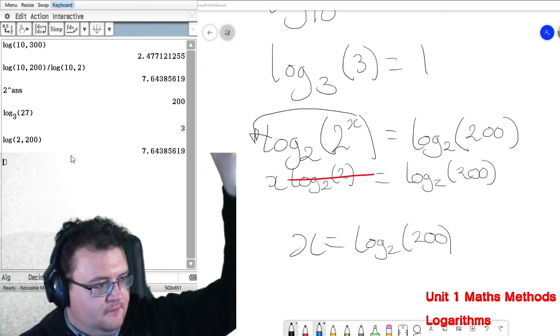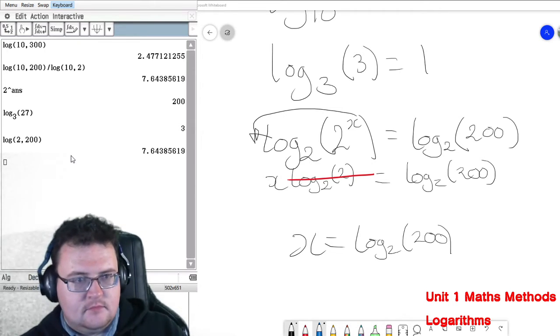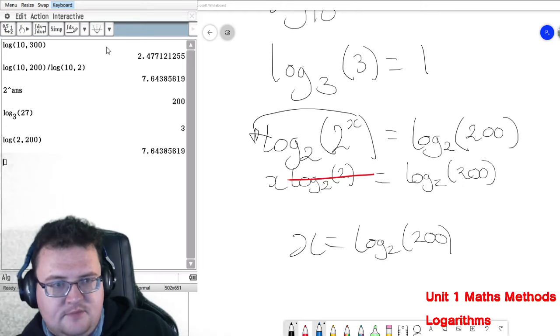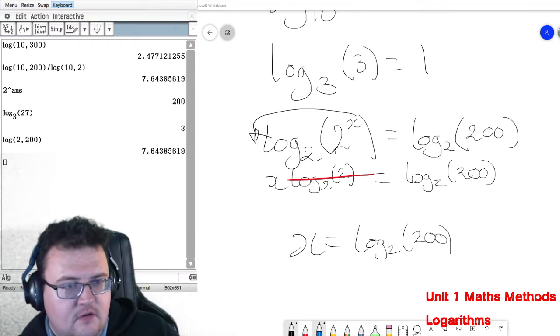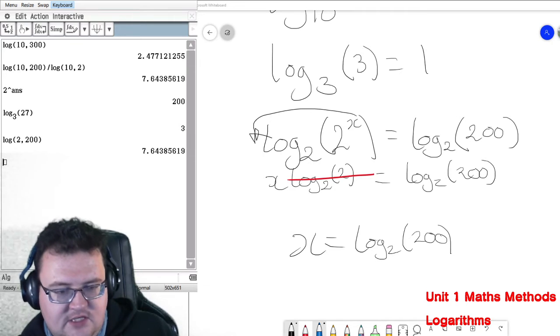You can see it above. Where this gets more applicable is when we start looking at the graphs of these things.